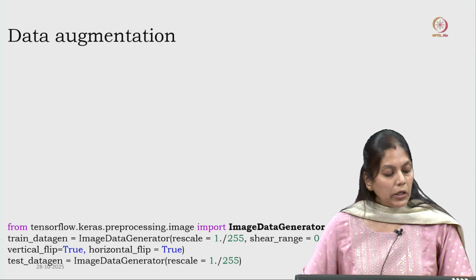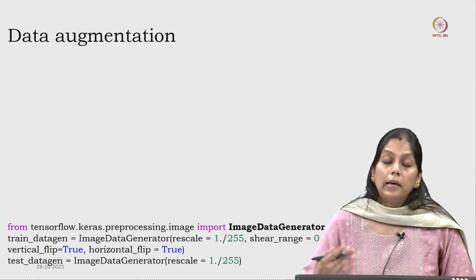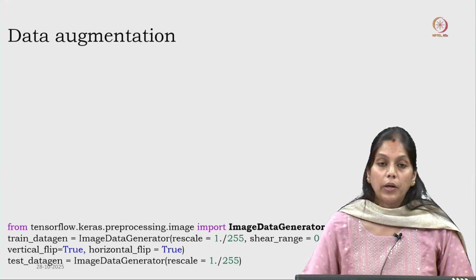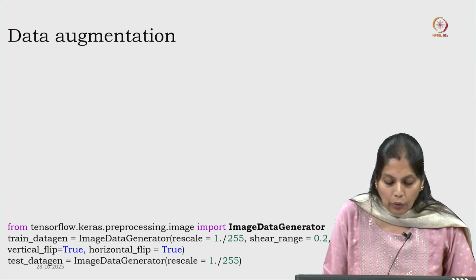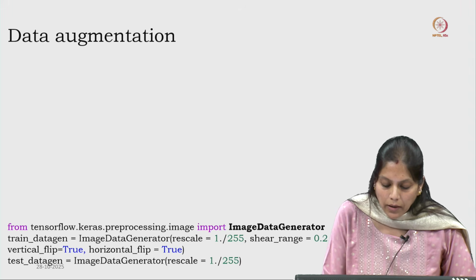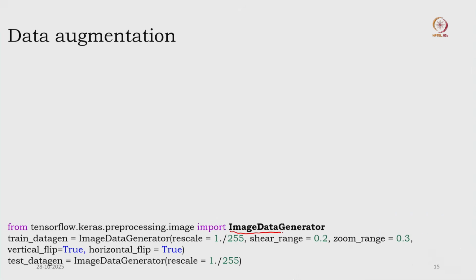So, let us look into how we are going to increase the variance of it. In Keras we have an important package called ImageDataGenerator. Why? Because we are applying this on an image, as a part of a pre-processing step, and Keras is a part of TensorFlow.